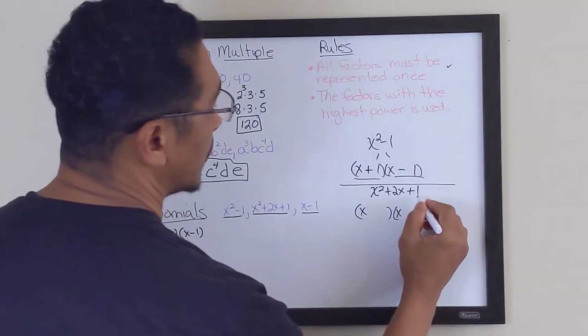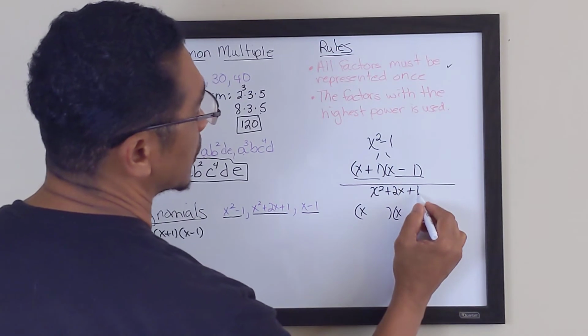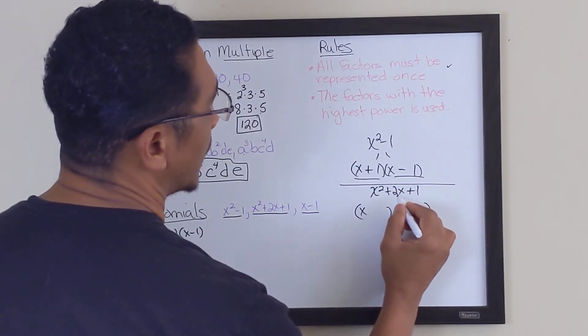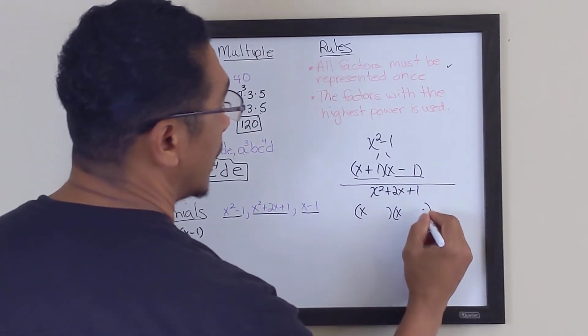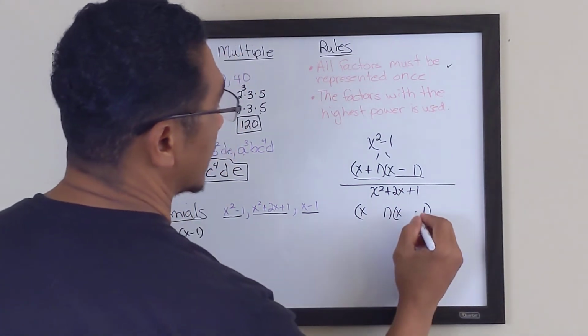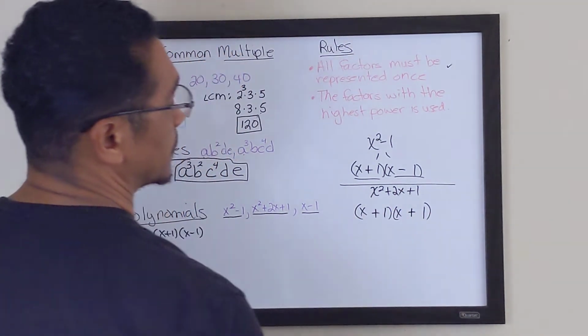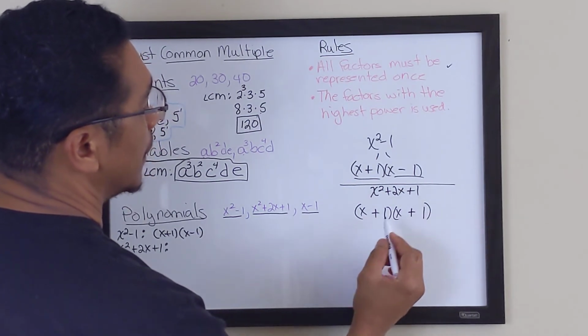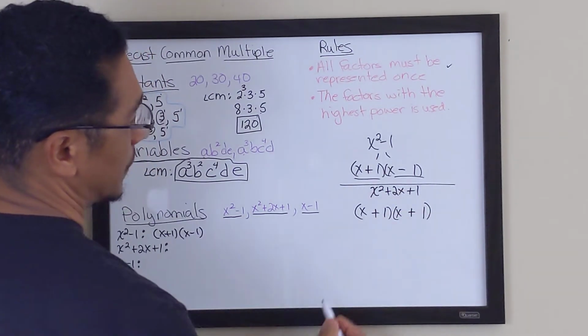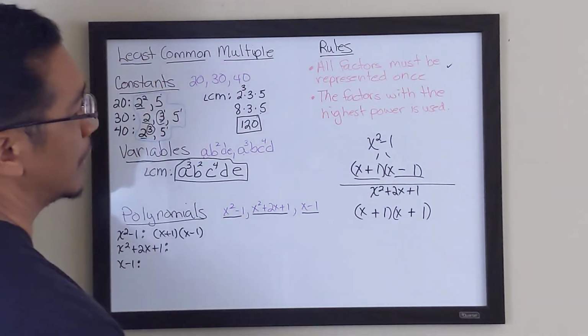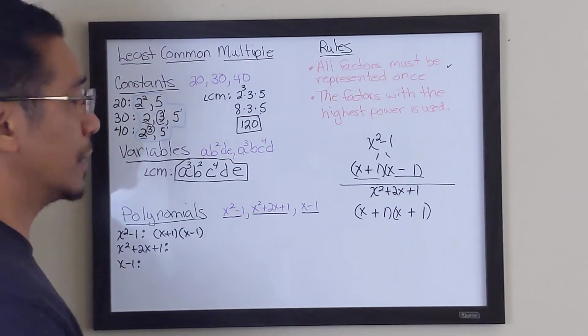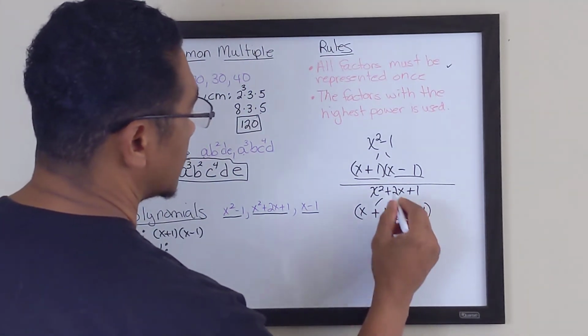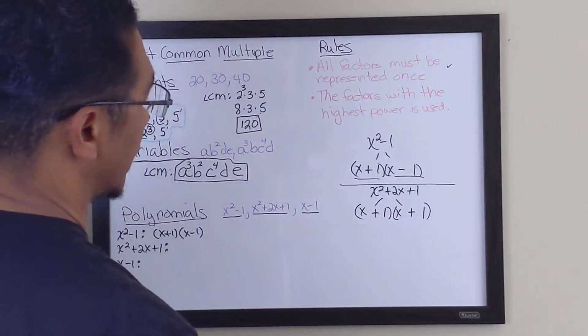Then we look for two numbers that multiply together to give 1 and add together to give 2. The only numbers are plus 1 and plus 1: 1 times 1 gives us 1, and 1 plus 1 gives us 2. Once again, that's another video. So this polynomial is broken down to x plus 1 and x plus 1.